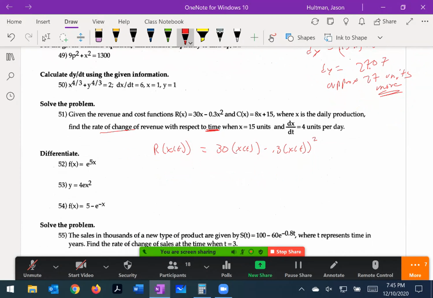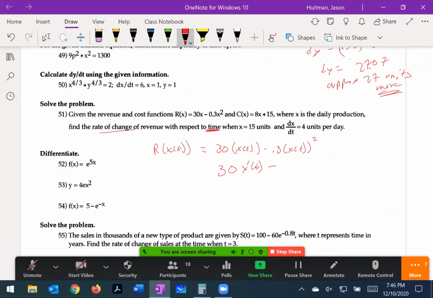The derivative of this is just going to be 30, okay? But then the derivative of x of t is x prime of t, or what we would call dx dt. I won't skip steps. Let's do x prime of t, minus, and then what about this one? This is chain rule as well.